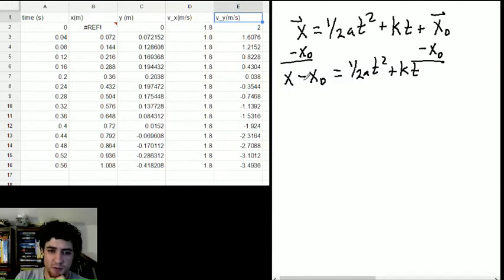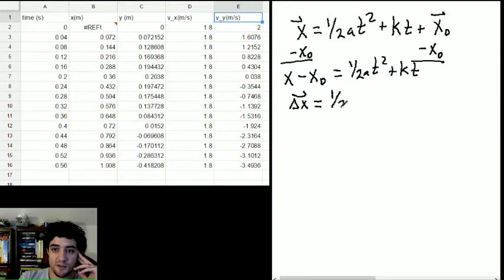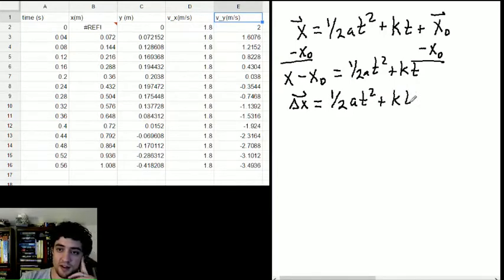This should look somewhat familiar. Some later position, minus the initial position. That's called displacement. So we're saying the displacement of our thing is 1/2 AT squared, which we got previously from our constant acceleration model, plus something times t.